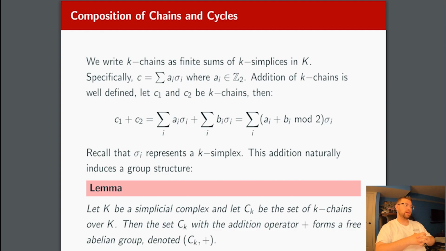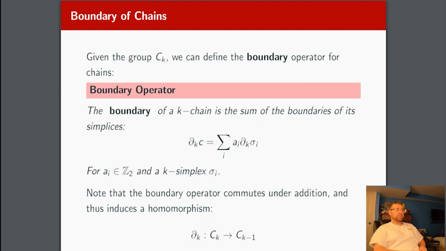Being free is also pretty straightforward because I can take these coefficients from any prime field I want, and that gives me some notion of a span. I'm talking fast, sorry. So given this group C, the group of all k chains on a simplex, we have a boundary operator on this group. The boundary of a k chain is the sum of the boundaries of its simplices.